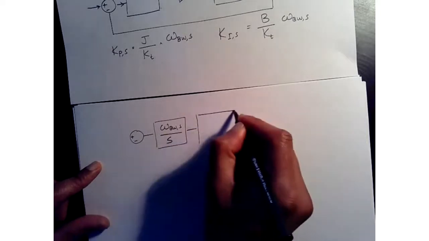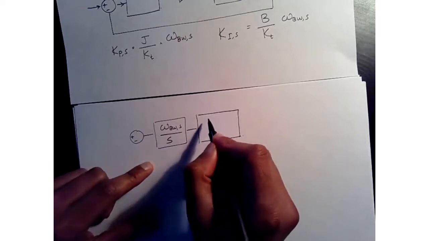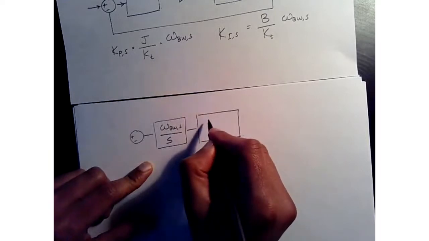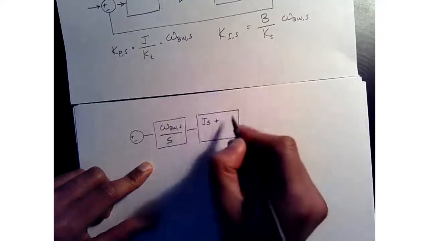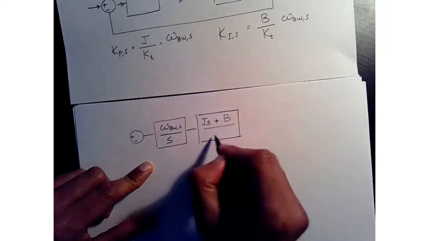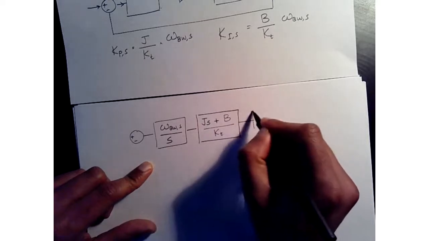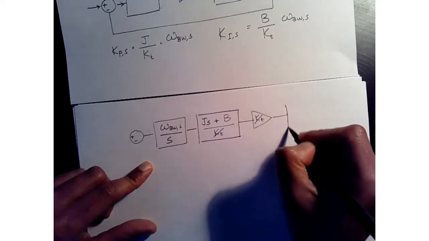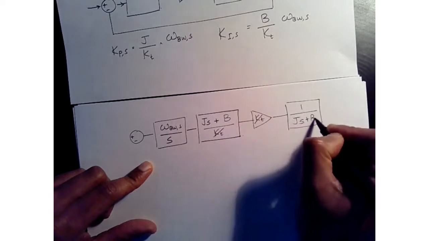We are left with, from KP we have J, yes, so JS plus, from KI we have B, and we have 1 over KT, right? However, we have a gain of KT, so this gain is going to cancel that out, and then we have our mechanical system JS plus B.